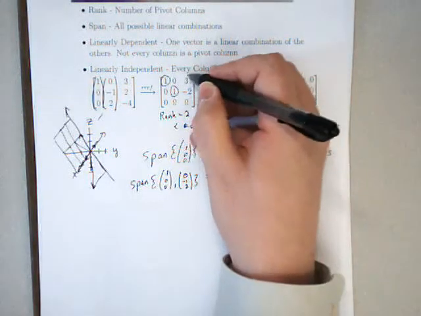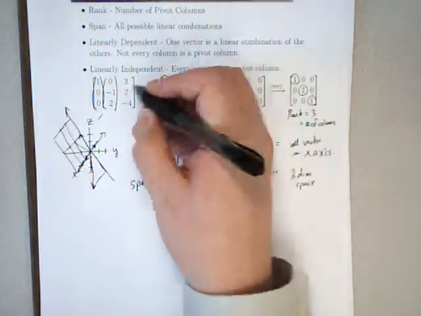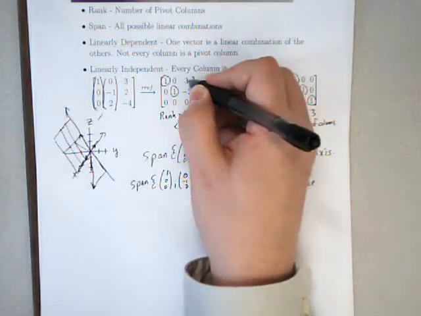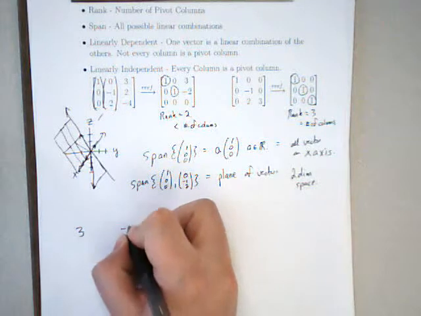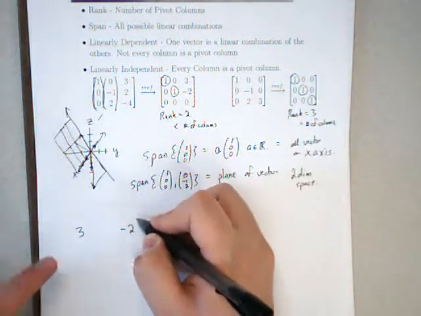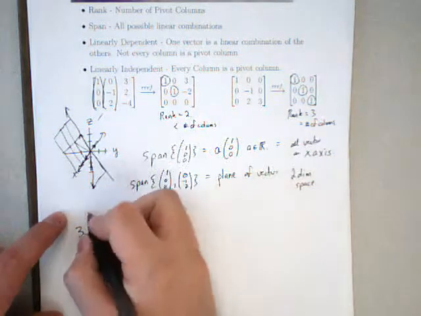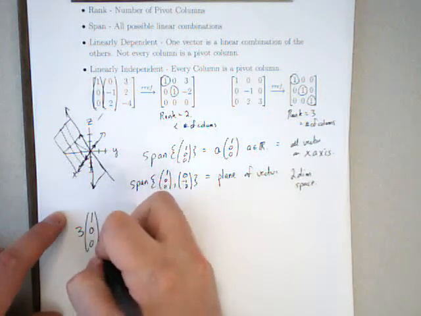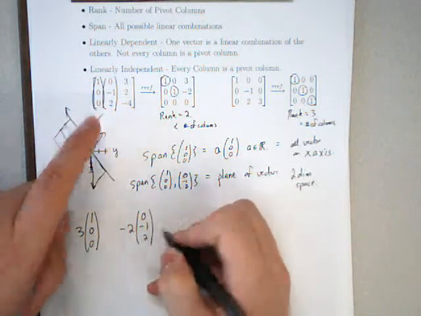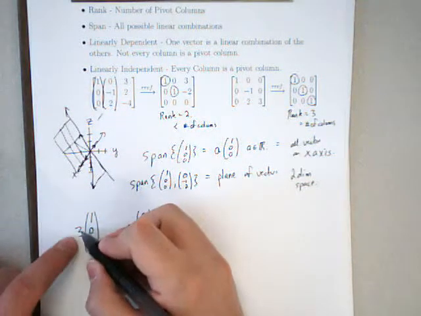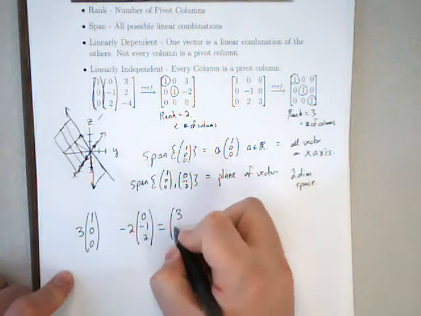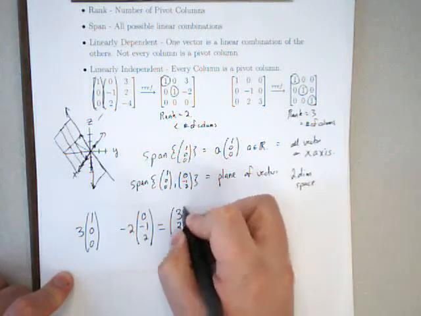Well, actually, REF helps us understand how to connect this vector as a linear combination of these. If you take the 3 and the negative 2 from REF, now I'm going to take the pivot columns, and I'll write them next to these numbers. 0, negative 1, 2. If you take this vector and triple it, and take this vector and multiply it by negative 2, what do you get? 3, 2, negative 4.